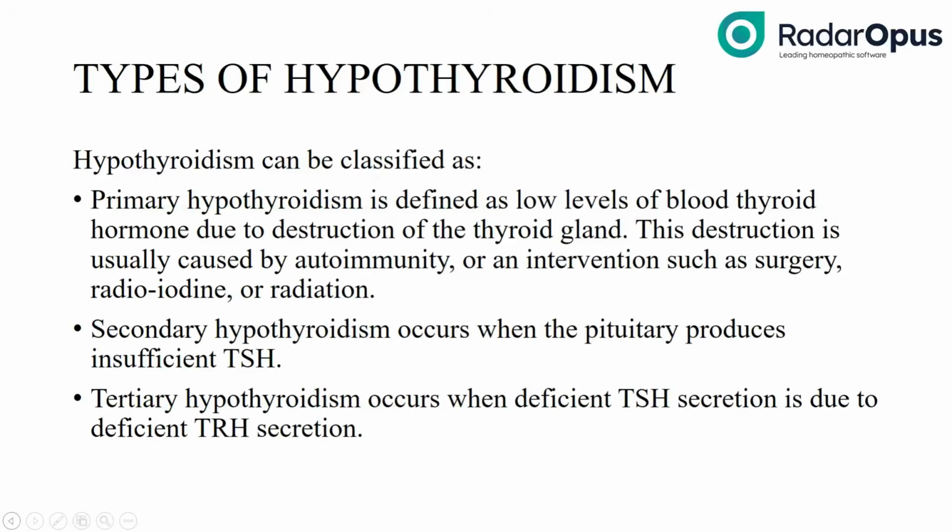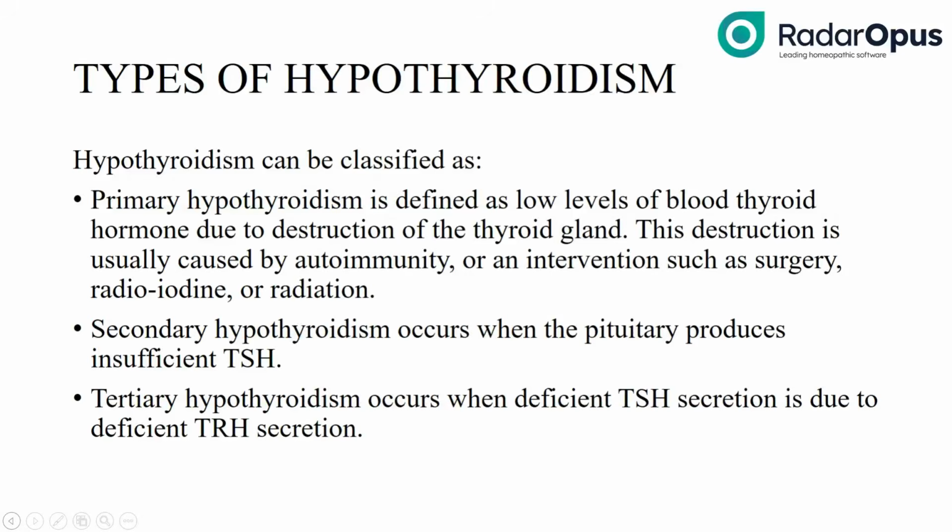In tertiary hypothyroidism, it occurs when the defect lies in the hypothalamus. That is, there is deficient TRH secretion. The thyroid releasing hormone is secreted less. That's why the thyroid stimulating hormone is secreted less.